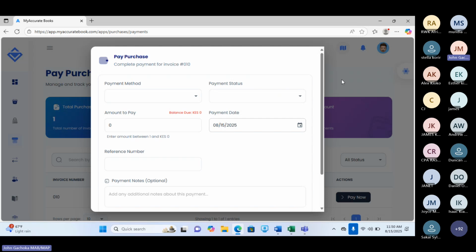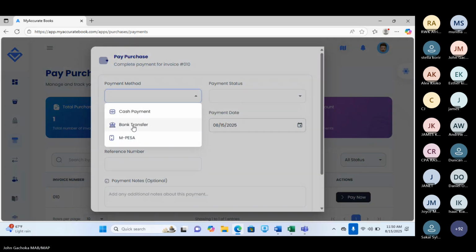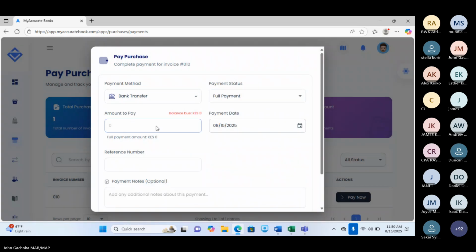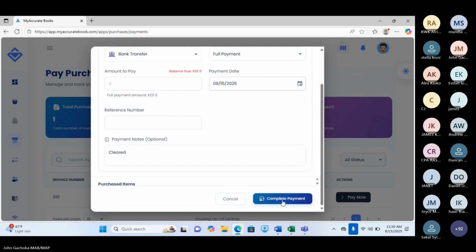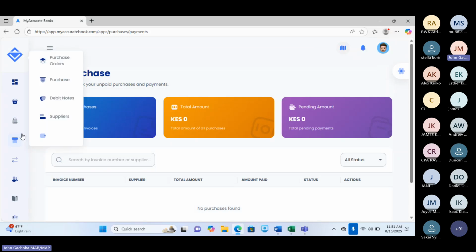So we are paying 30,000. This is optional. You can set cleared. So that has been paid. So you don't have pending, you do not owe any supplier as the system stands.